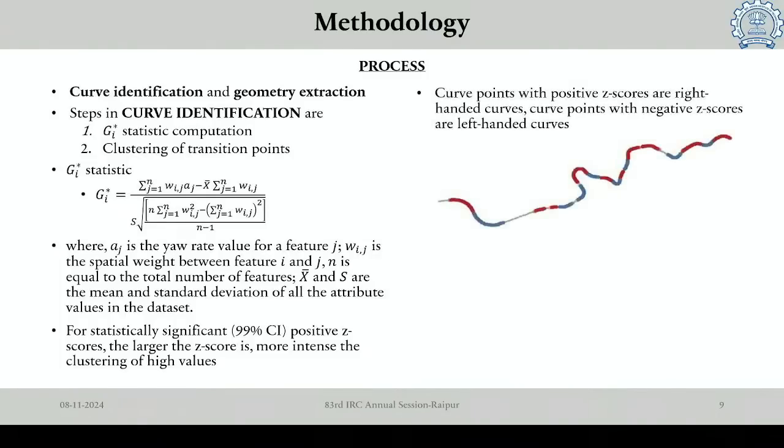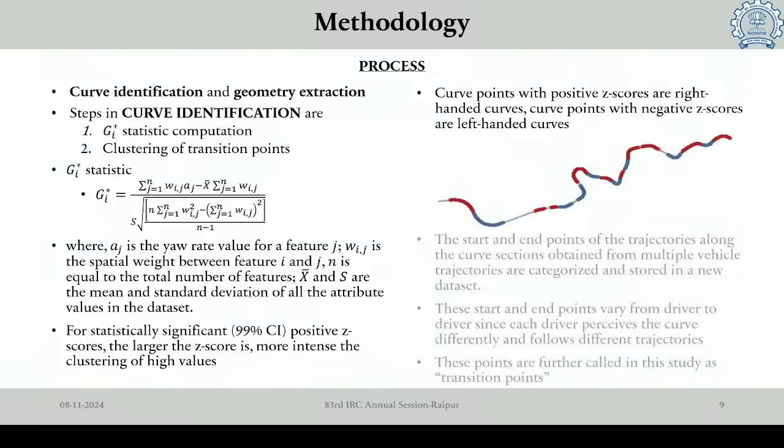And so with this, the curve points will be identified, and in this figure, it can be seen that the positive z-score values are the right turns, and the blue ones are the negative values, which are the left turns.